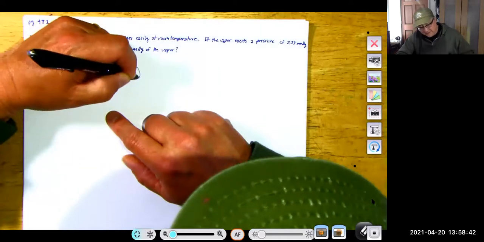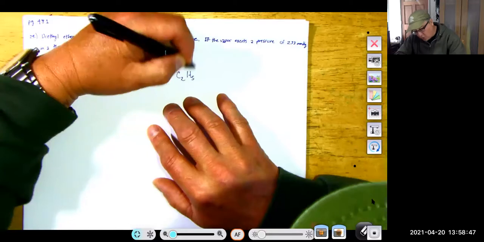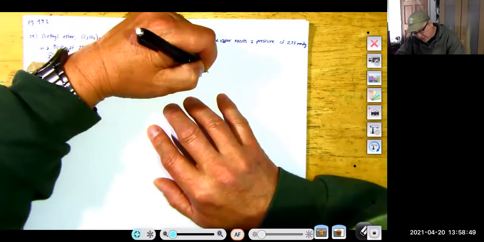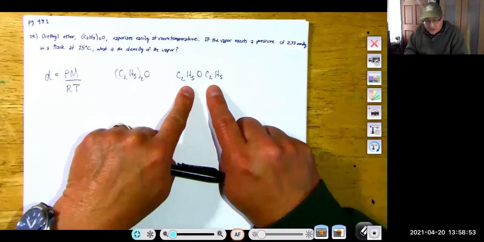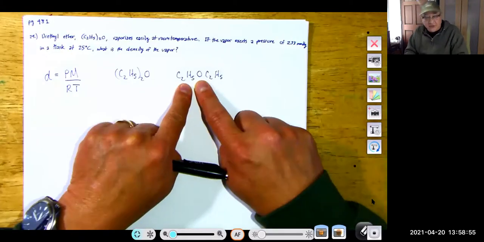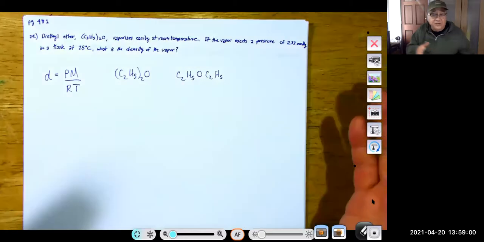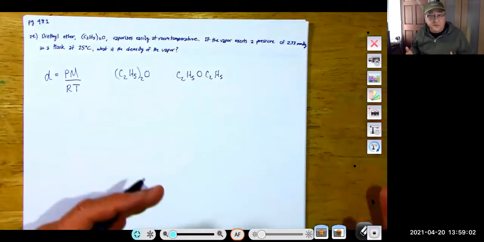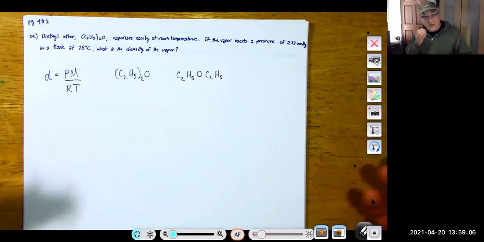Now, what does (C2H5)2O mean? It means C2H5, C2H5. So here you have two of these attached to oxygen, and we know oxygen likes to make two bonds. So I put one on the left of oxygen and one on the right, like you would do for H2O, which we know is HOH, right?